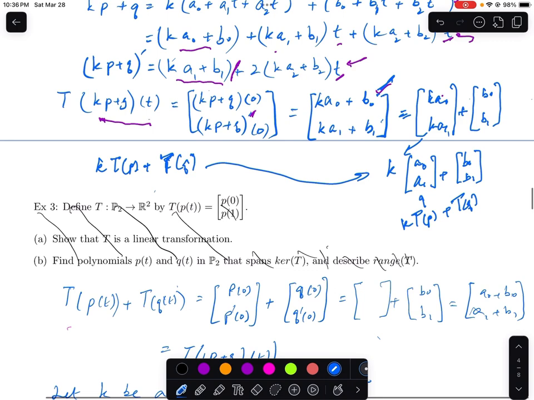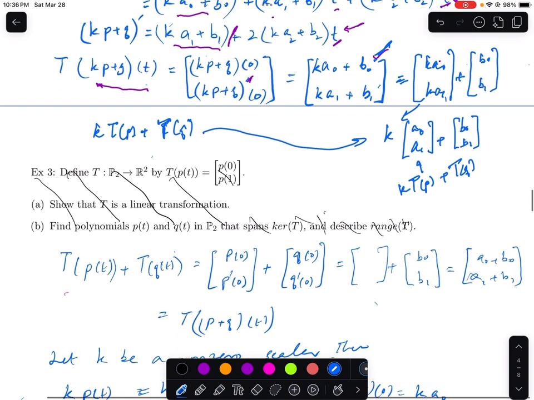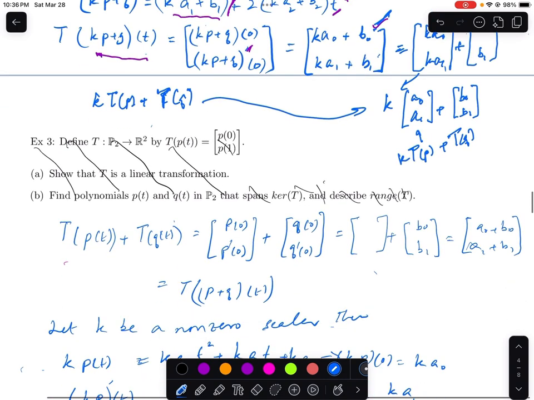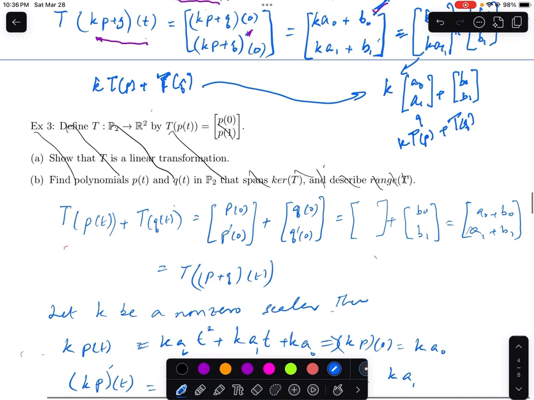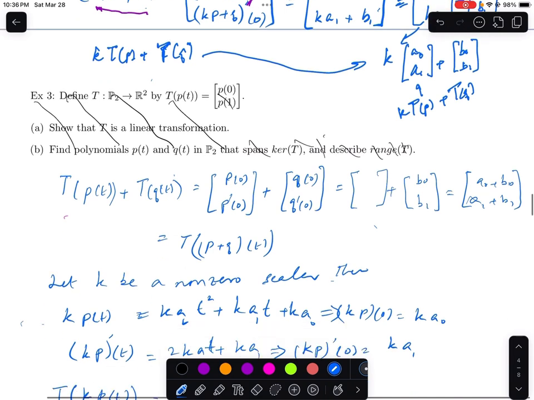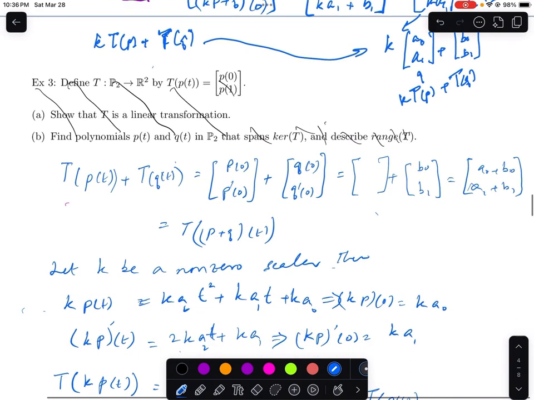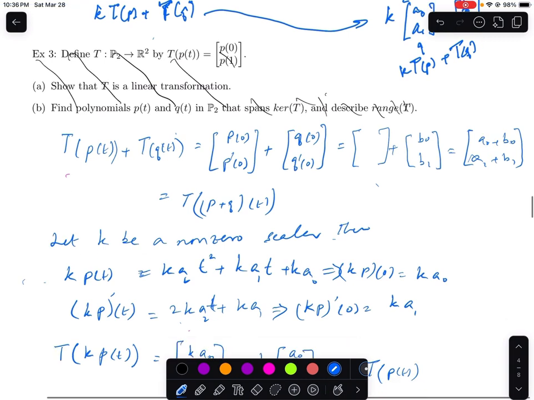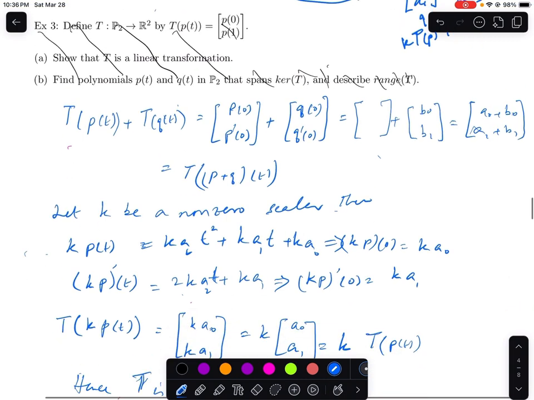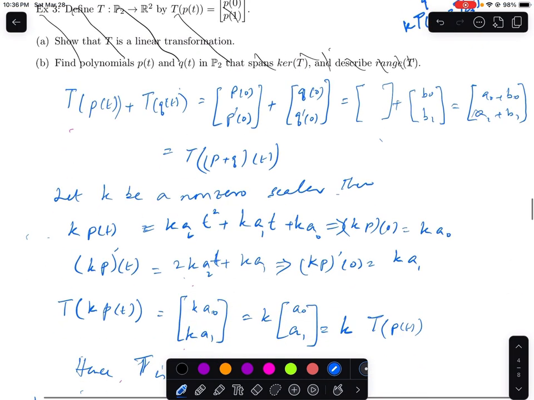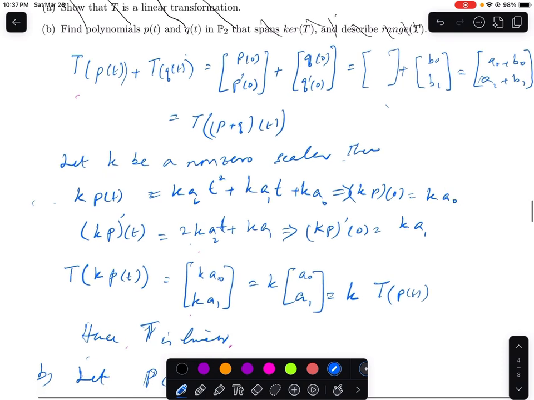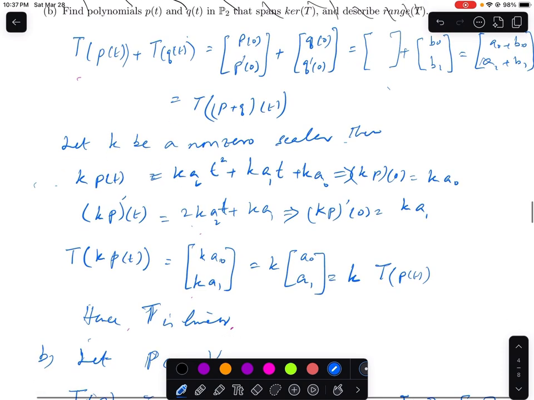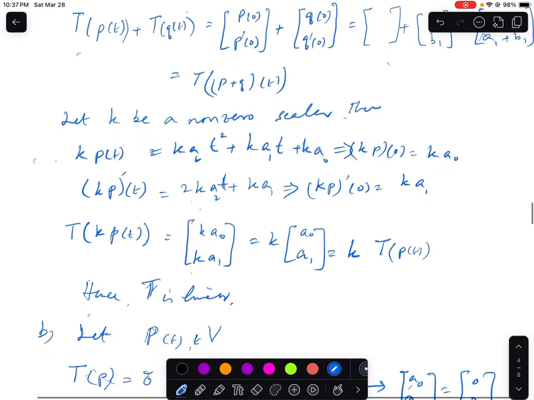So what is the null space? All the vectors in P2, or all the polynomials in P2, which are going to be mapped to the 0, 0 vector in R2. Remember that because we are talking about the standard addition and scalar multiplication here.